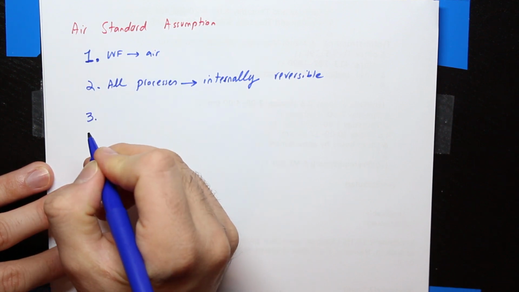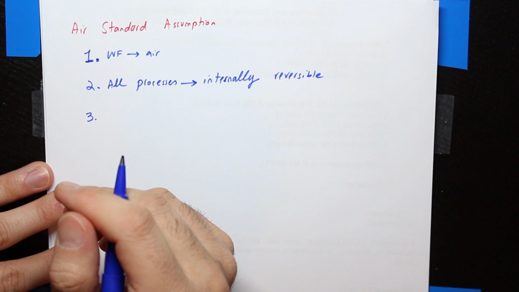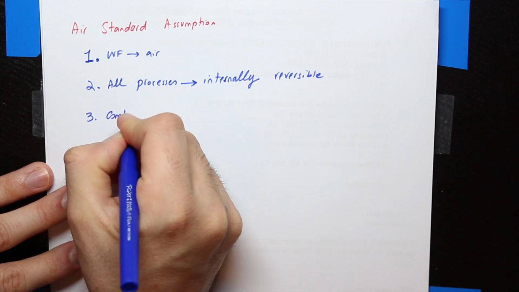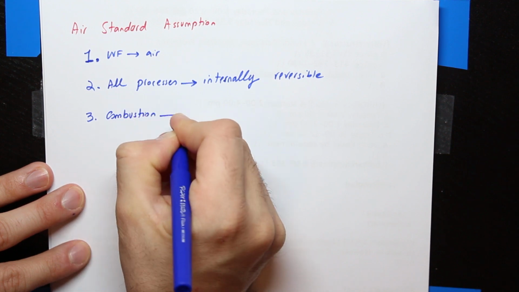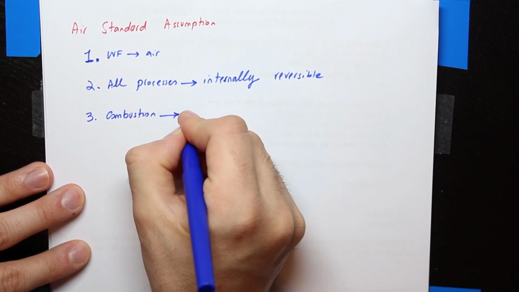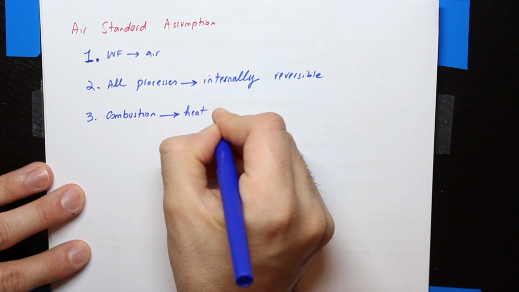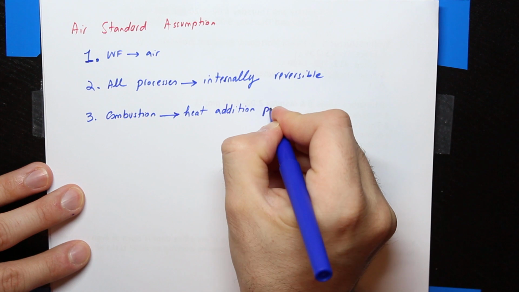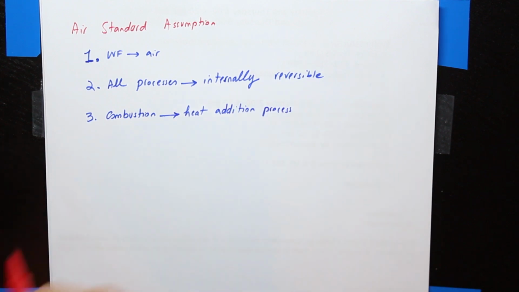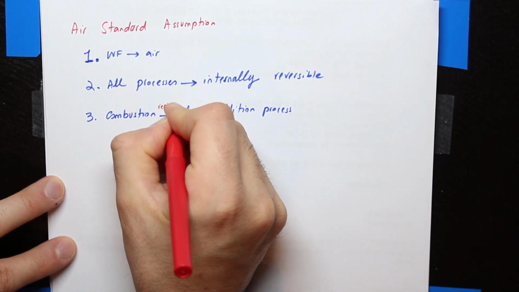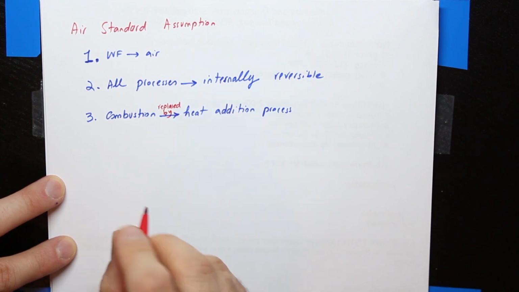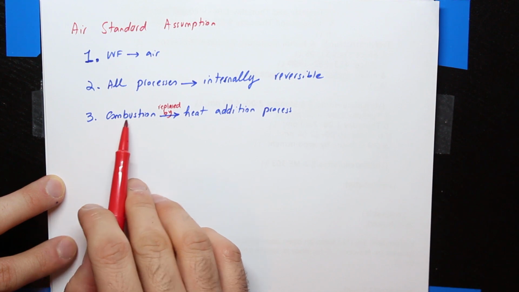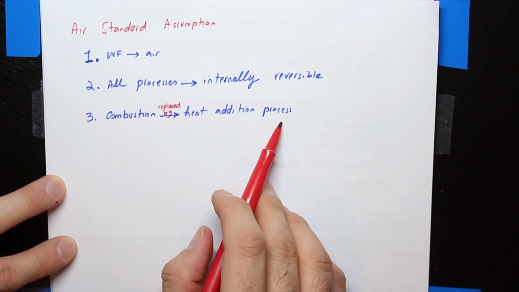The third assumption under the air standard assumption says the combustion can be replaced by a heat addition process. So instead of discussing combustion, we can consider a heat addition process.